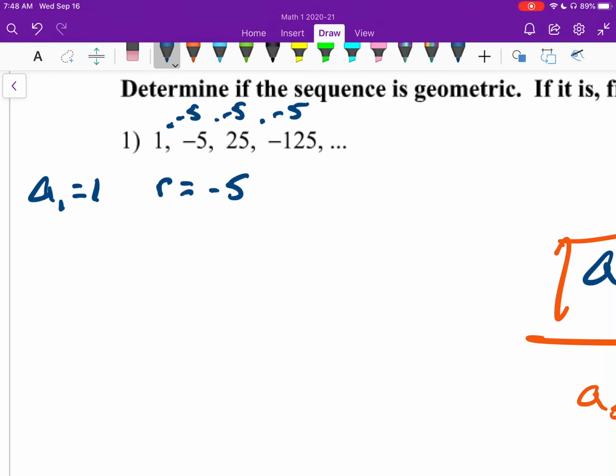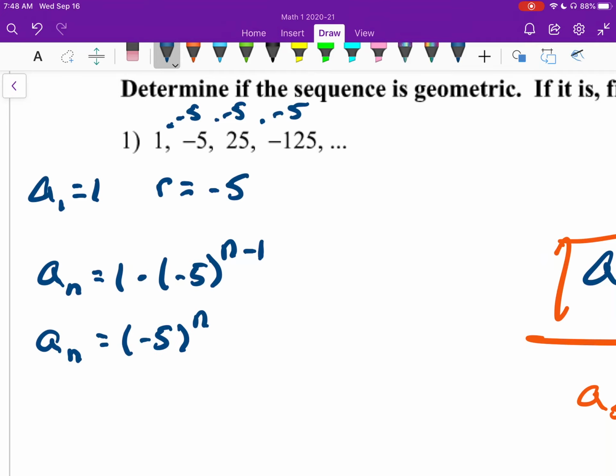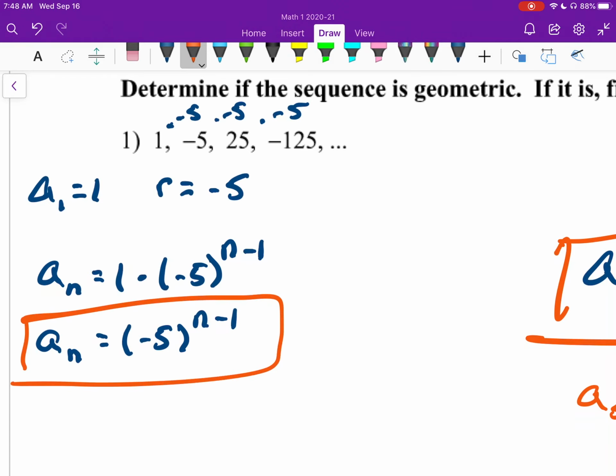If we plug into our formula, we have a sub n equals 1 times (-5) to the n minus 1. And because it's just a plain old 1 in front, we can simplify this to a sub n equals (-5) to the n minus 1. And that's our answer.